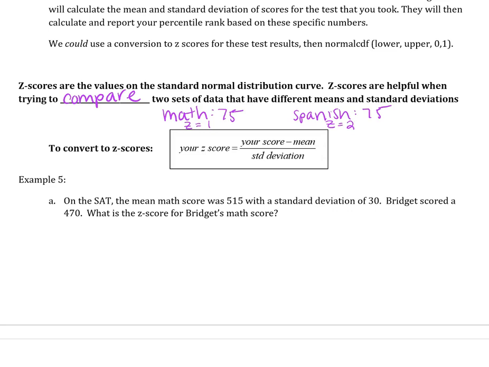So AKA, how many standard deviations is her score from the mean? So I'm going to take her score, which was 470, take away 515, because that's the mean of the test, and divide it by 30. That'll give me negative 1.5. So that means that she performed 1.5 standard deviations below the mean.